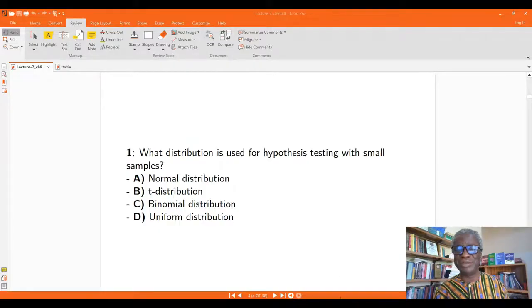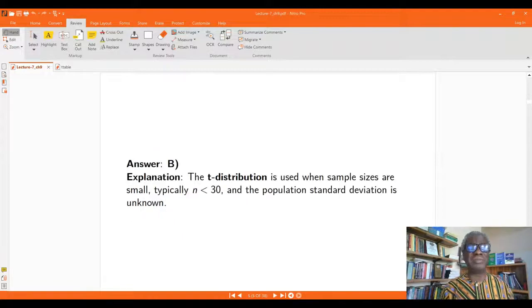Okay, so the correct answer is B. Those choosing A, maybe you have forgotten so quickly. In the last lecture, we talked about large sample. That's when you use the normal distribution.